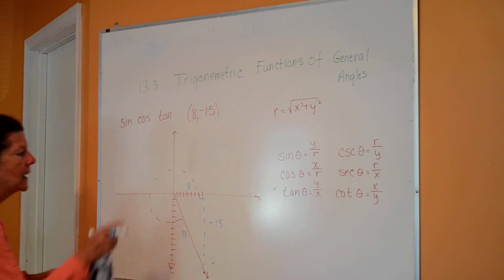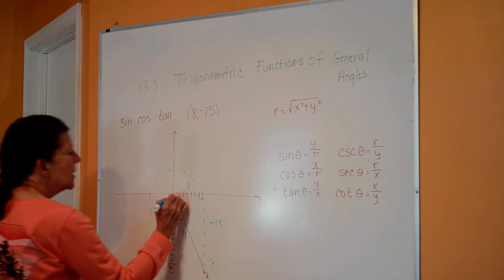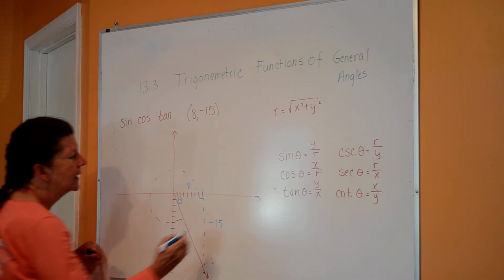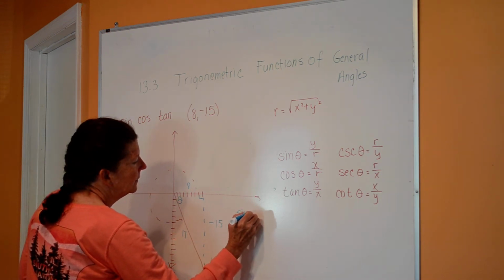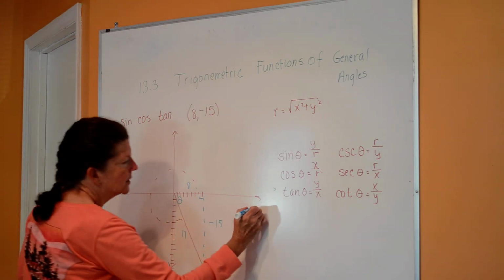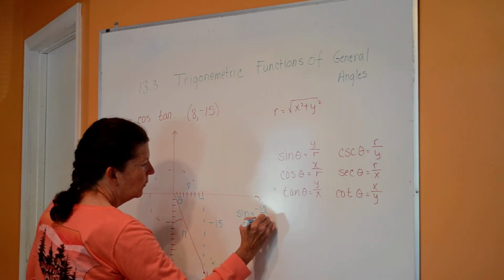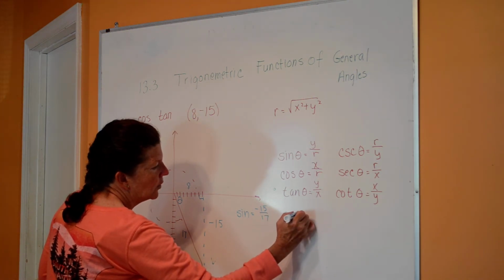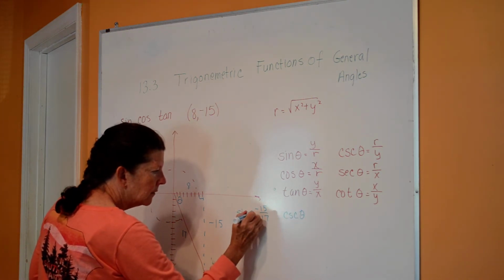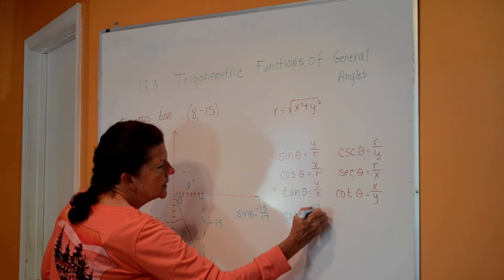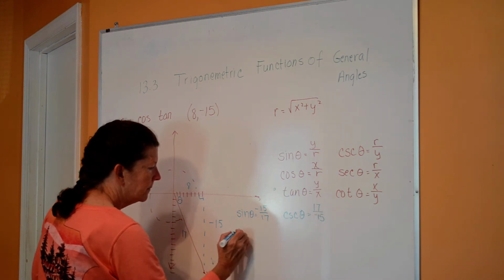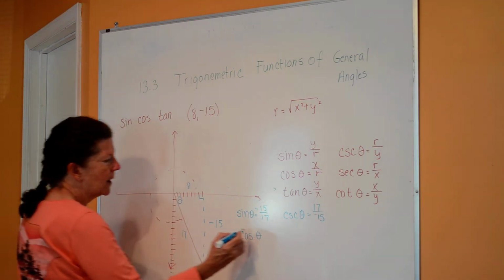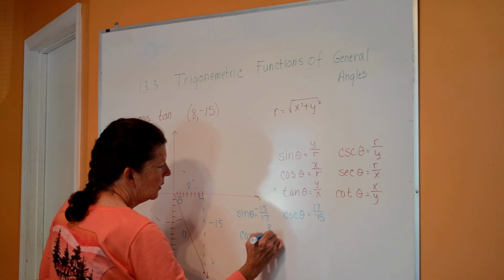So now I'm going to do my 6 trig functions based on this triangle. I'm standing right there where theta is, so my sine is opposite, which is negative 15, over 17. My cosecant is going to be just the reverse of that. I forgot to put theta in there. 17 over negative 15. My cosine is going to be adjacent over hypotenuse, or 8 over 17.